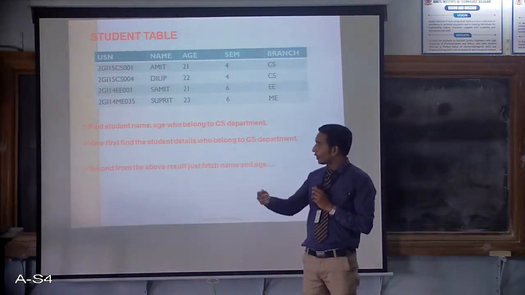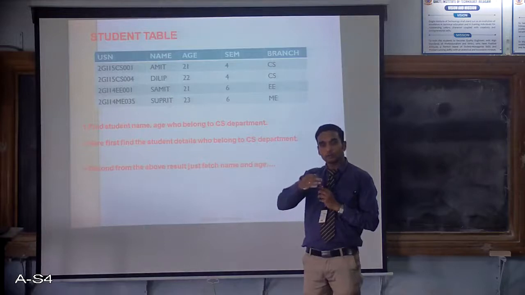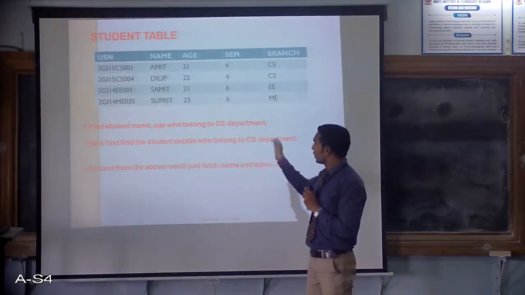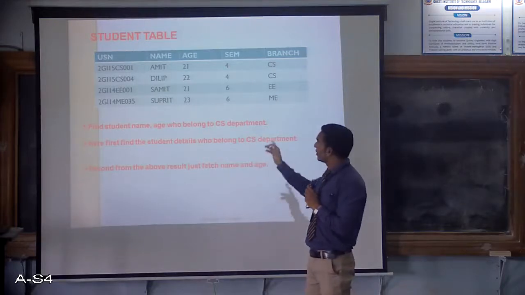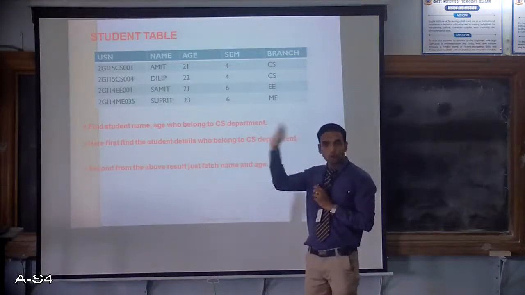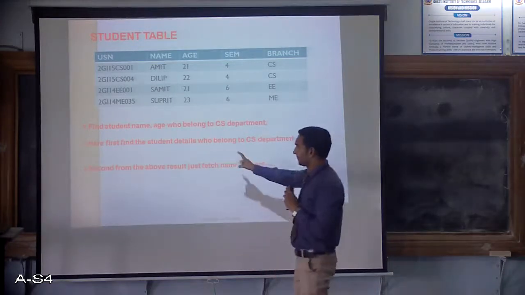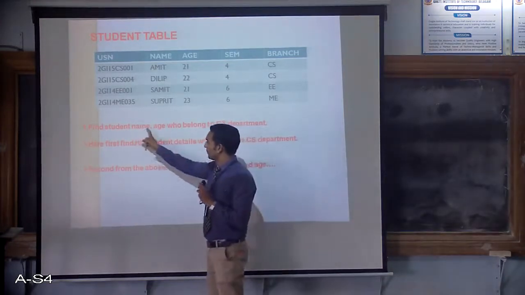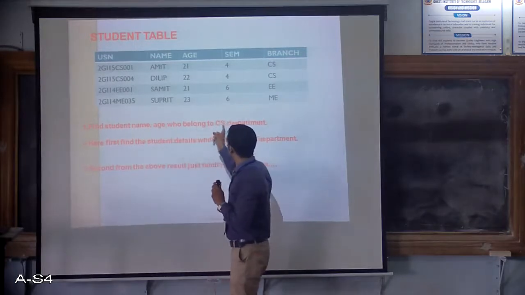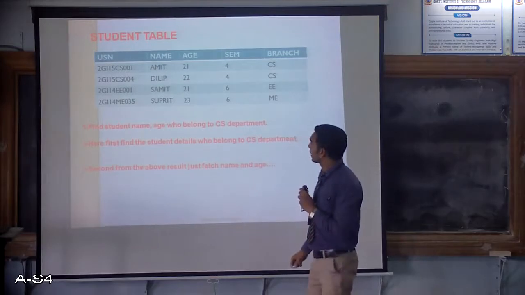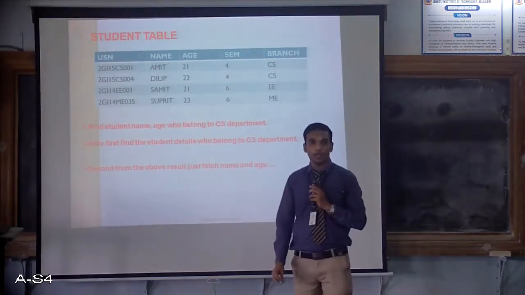Okay. So when you are writing the query, first the innermost thing should be executed. I want the student name who belong to CS department. So first I'll select all those rows who belong to CS department. Right? From this table, I want Amit 21, Dilip 22.